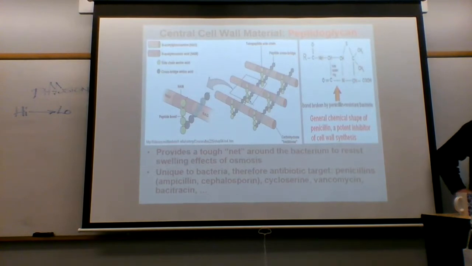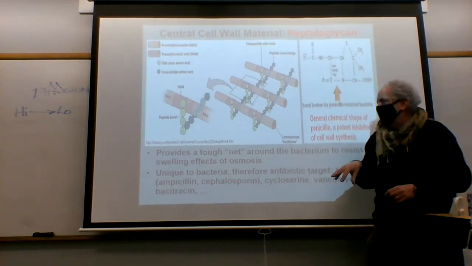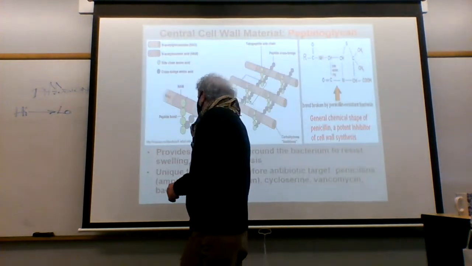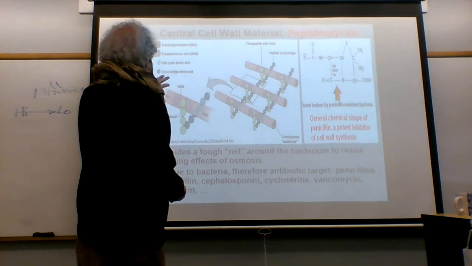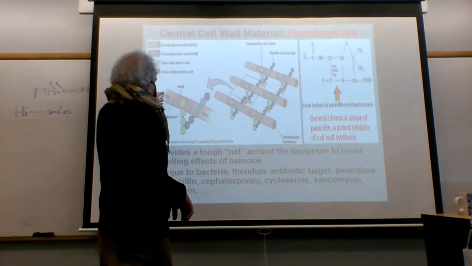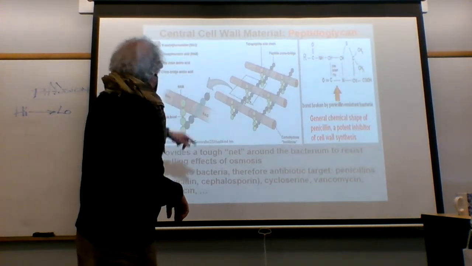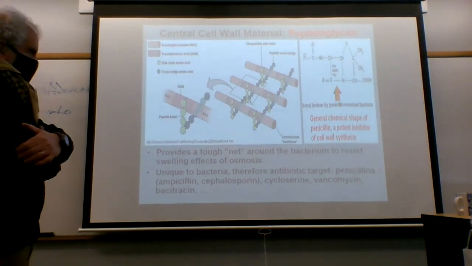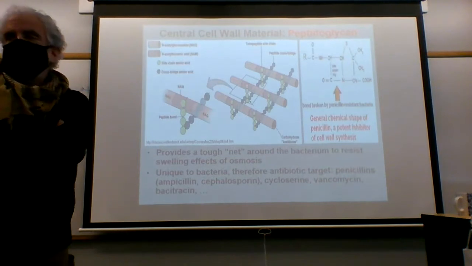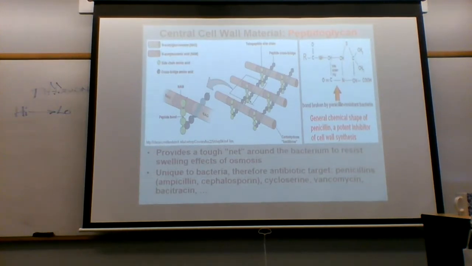So peptidoglycan, we don't need to worry about the exact structure, but it is a combination of a sugar polymer, in this case a sugar called N-acetylglucosamine, and we actually have N-acetylglucosamine in our bodies as well. Your skin and tendons and stuff have got a lot of N-acetylglucosamine sugar polymers coming off of it.